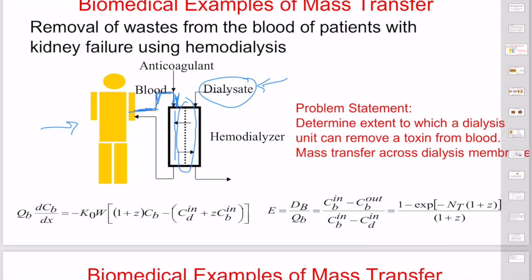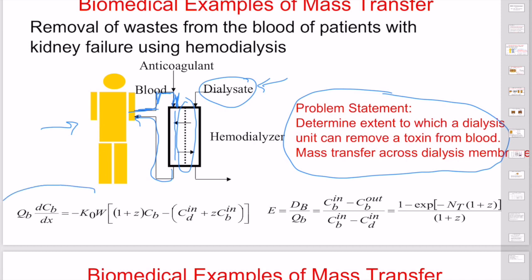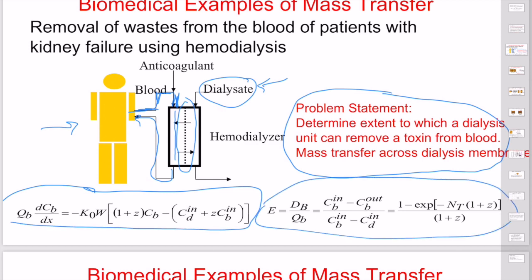And so you've got things passing from one side to the other through this membrane, and then the blood is returned back to the patient. And in this example, the problem would be to determine how much of the toxins that were in the blood are being removed. And once again, this is just an example of something that you will be able to do later in the semester, so you can be amazed at where you will be soon.